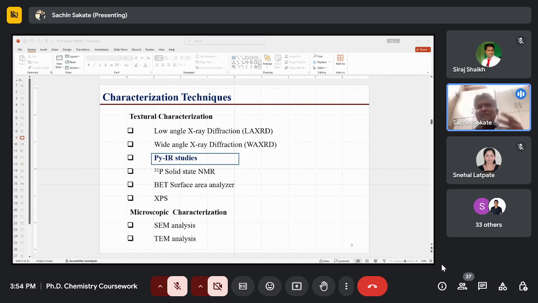Just imagine that you have a material whose size is about 2.5 nanometers, whose diameter is about 2 to 3 nanometers.